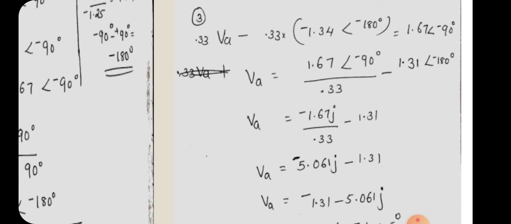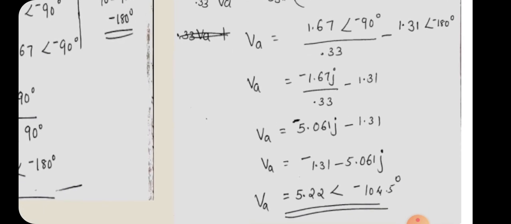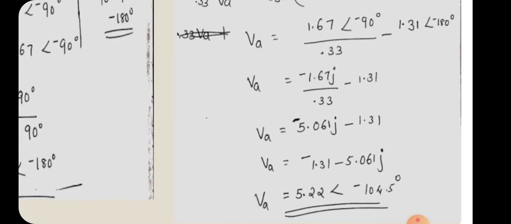Here I am dividing every term with 0.33 and rearranging the equation in order to get VA. So VA will be equal to minus 1.67 J divided by 0.33 minus 1.31. See, 1.31 angle minus 180 degree will be equal to 1.31.